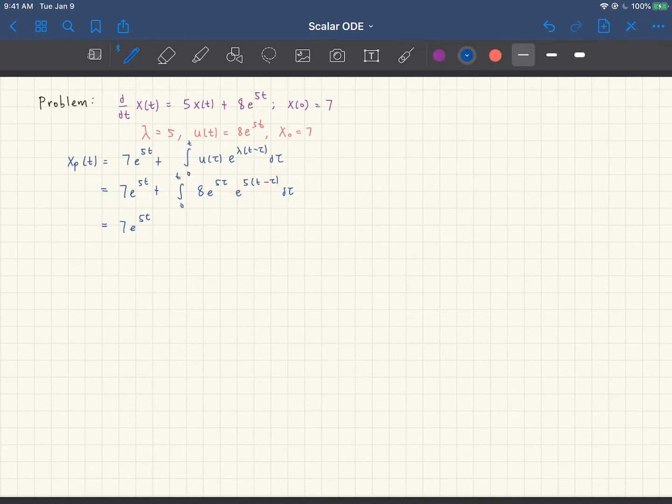And the integral is with respect to d tau and not t, so I'm going to pull the e to the 5t out. We get the integral from 0 to t of 8 d tau, and we're going to end up with 7e to the 5t plus the integral here is just 8t e to the 5t.